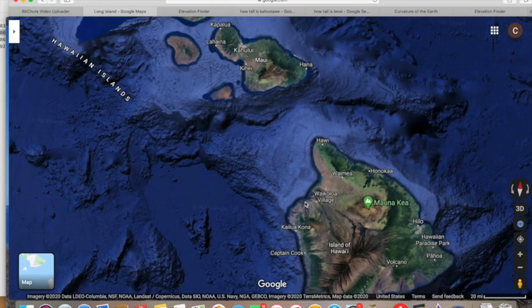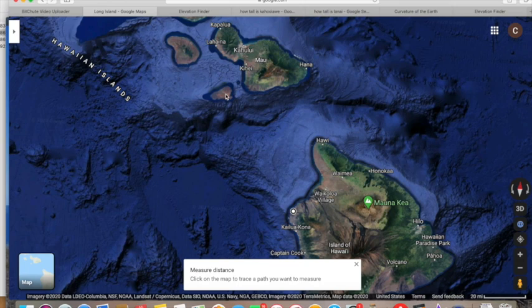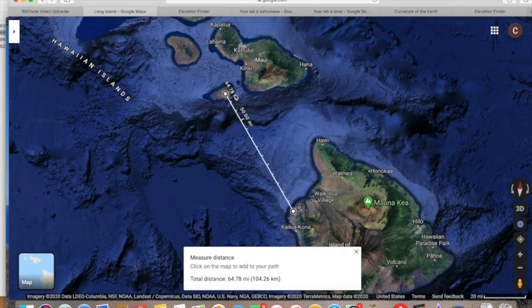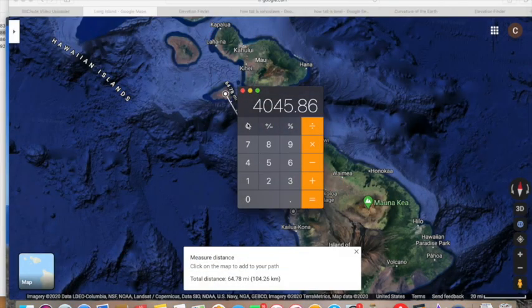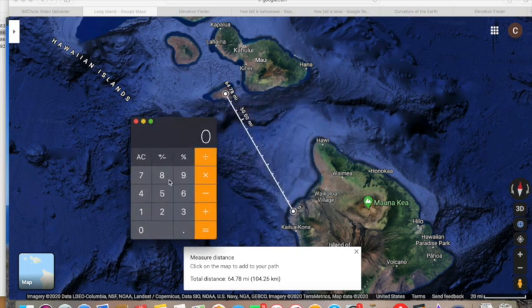Let's measure the distance to Kaho'olawe from Kona Airport, which is about here. Measure the distance, please, to Kaho'olawe Summit. 64 miles. 64.78. We can say 65 or whatever. Let's measure that. 64 miles. 64 squared equals 4,096, and we want just a bit less than 2/3 of that.